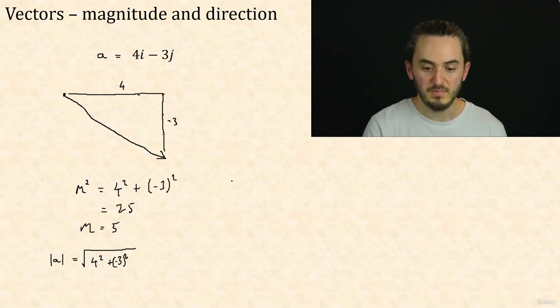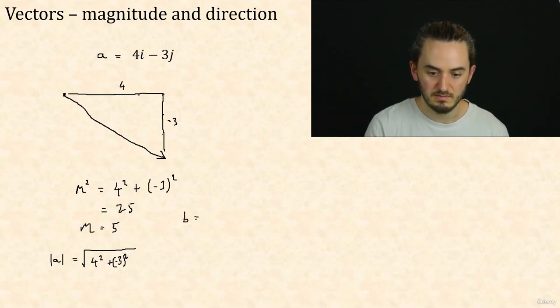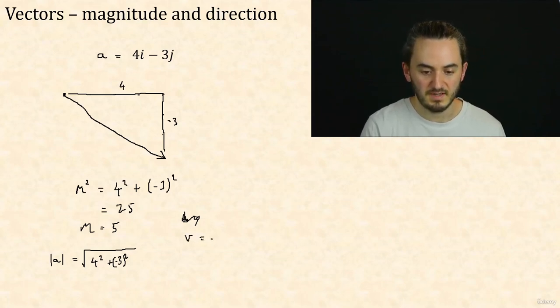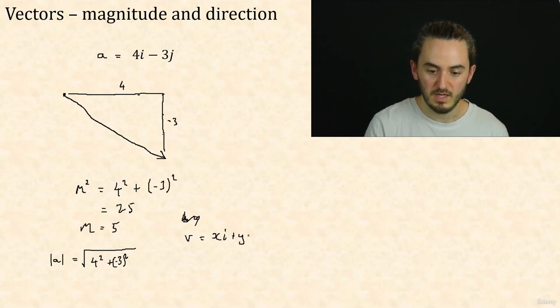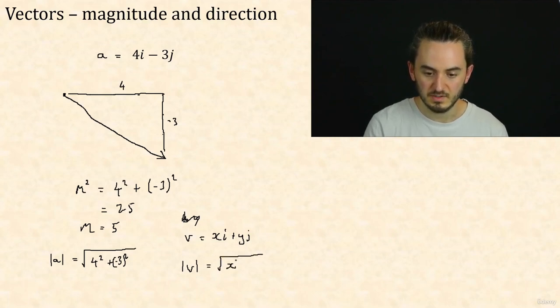And in general, if we have a general vector, let's call it V. You'll see why in a second. If our general vector is xi plus yj, then the modulus of V is the square root of x squared plus y squared.